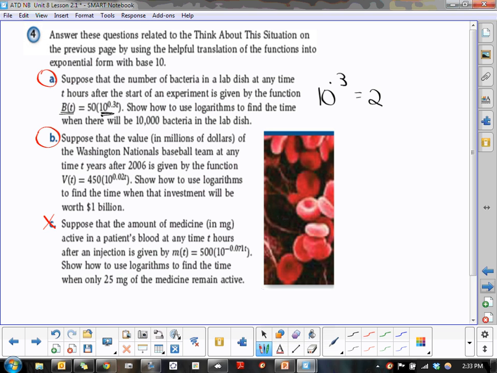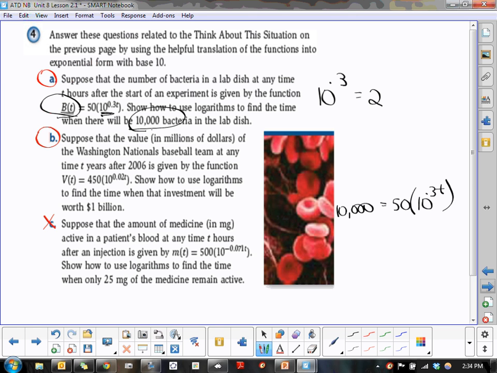They already changed it to base 10, raised to the T. We want to know when the population will be 10,000 bacteria. Now this 10,000 represents a population, or the total number of bacteria at a given time. We have to put that 10,000 in there. We started with 50. Our growth rate was 10 raised to 0.3, and it doubles basically every hour.